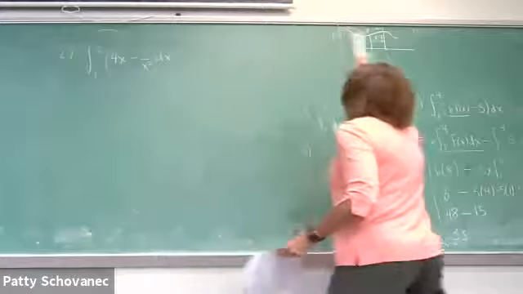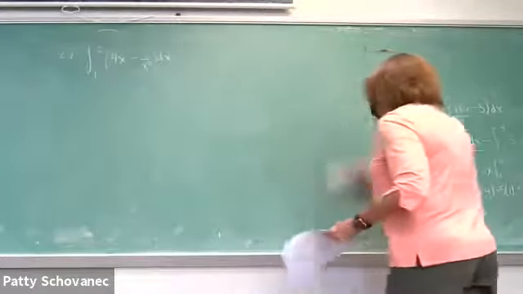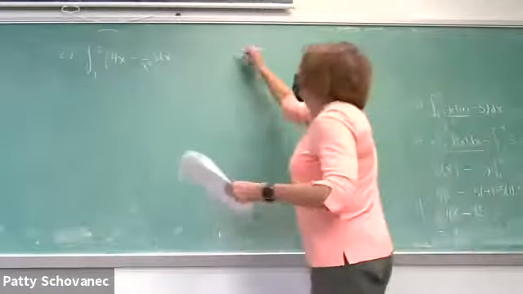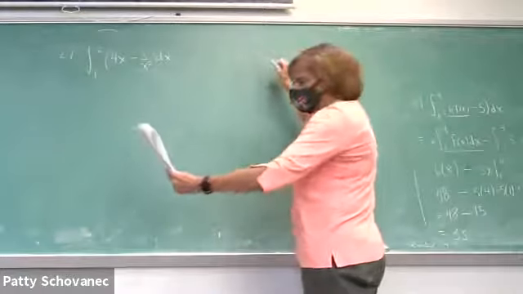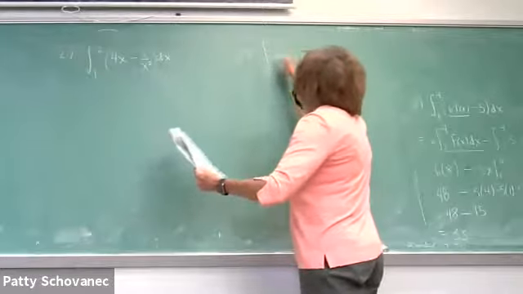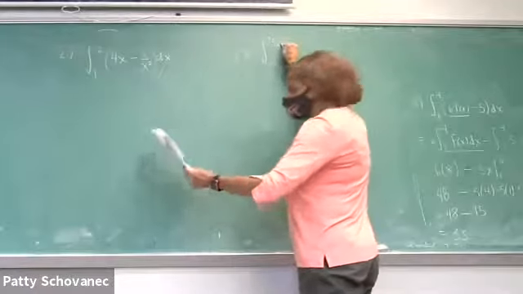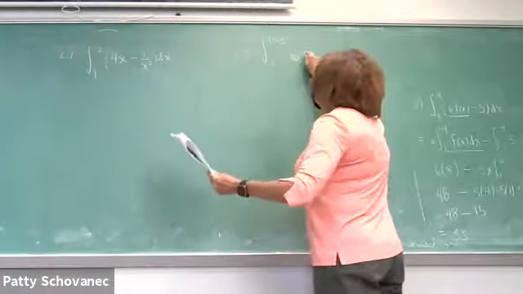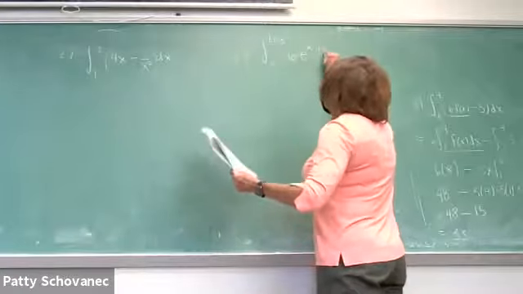Third one, let's integrate from 0 to the natural log of 3 of 6 times e to the x dx.